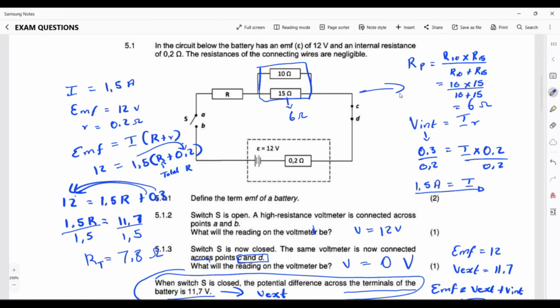So now those two resistors, resistor 1 and 2, are in series with each other. To find the total resistance in series, RT is equal to R plus R6, which is that one.